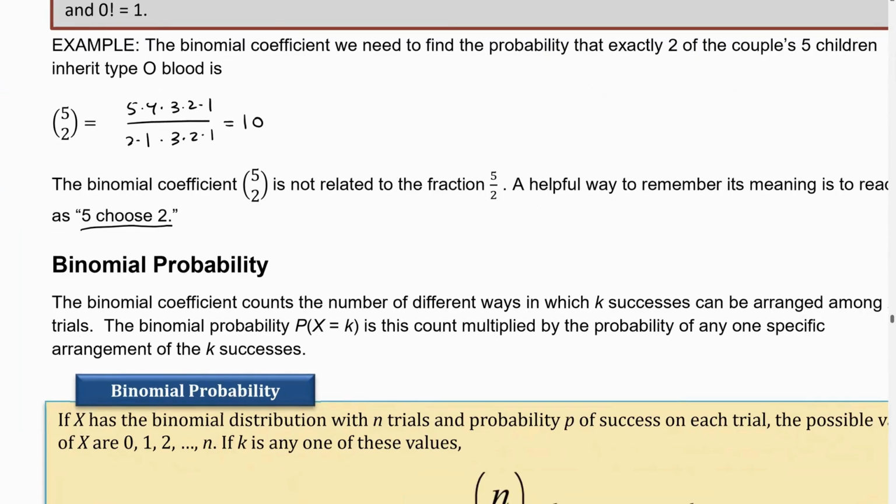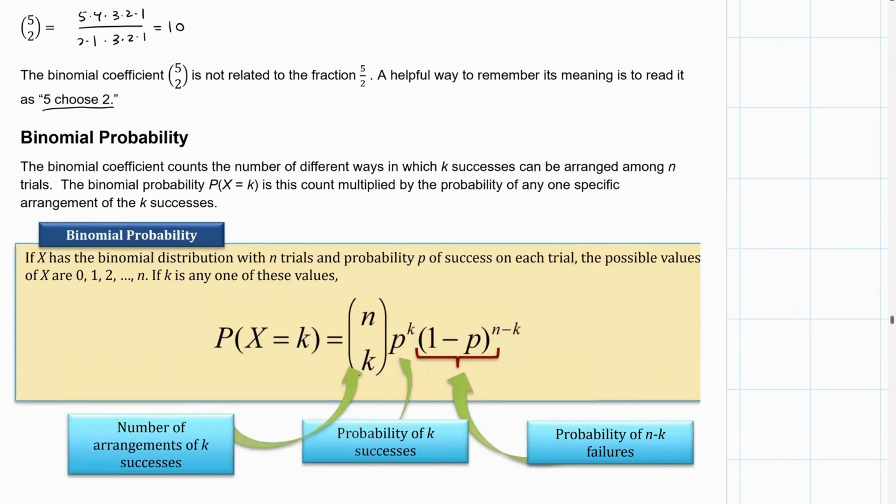That binomial coefficient is the number that says this is the number of arrangements of k successes in n tries. And then this part was the numerical part, like the 0.25 cubed times 0.75 squared, because we had 3 successes and 2 failures. And that's how we calculate the binomial probability.